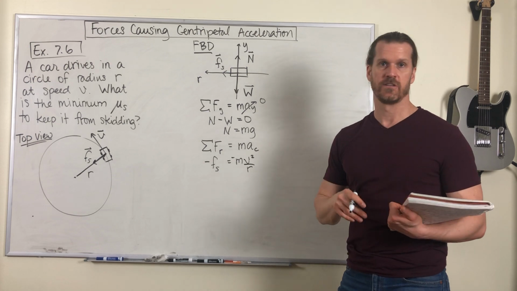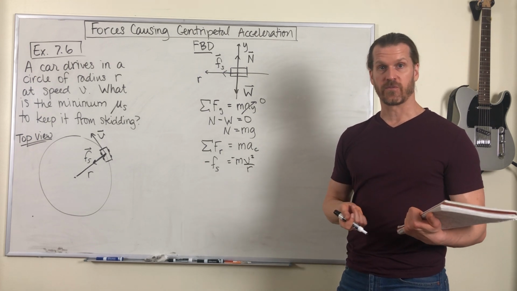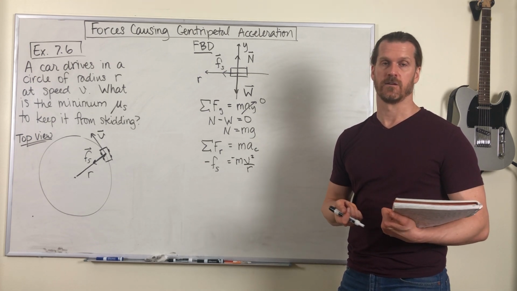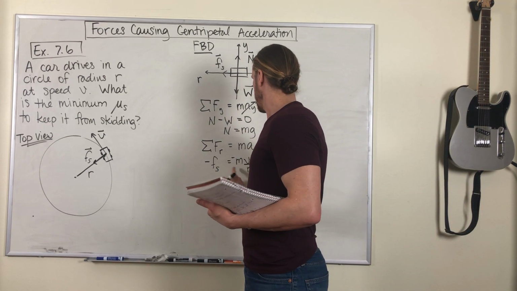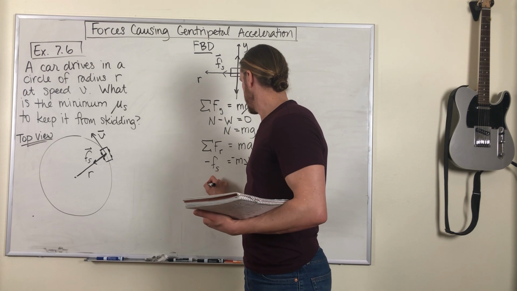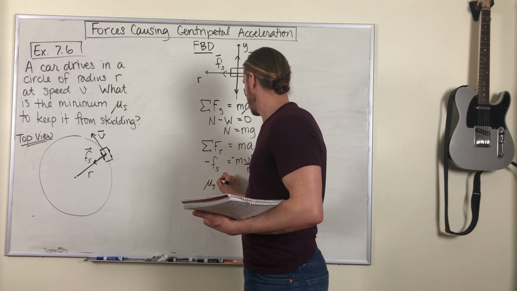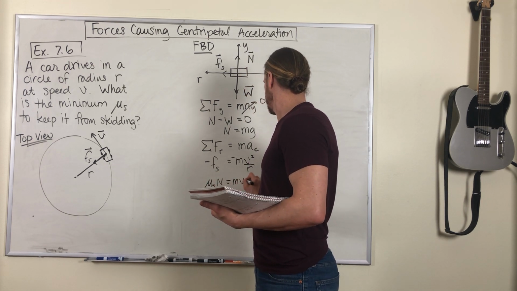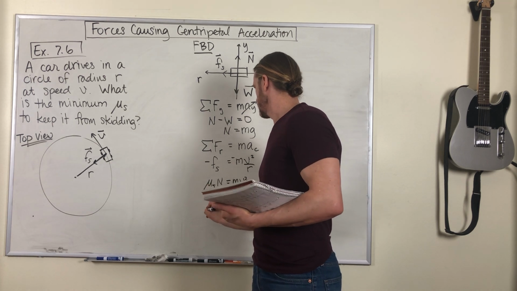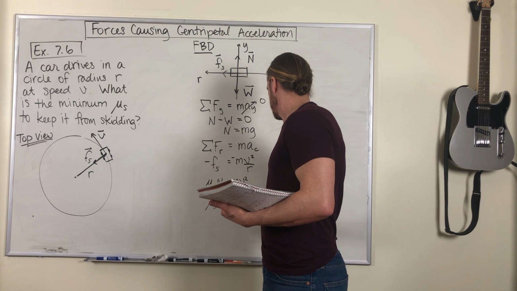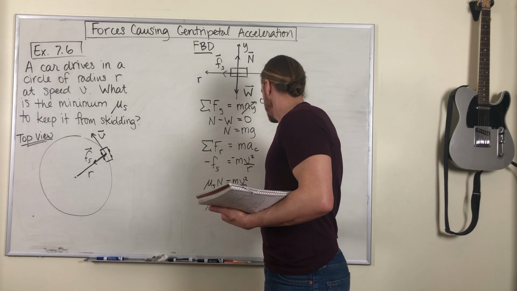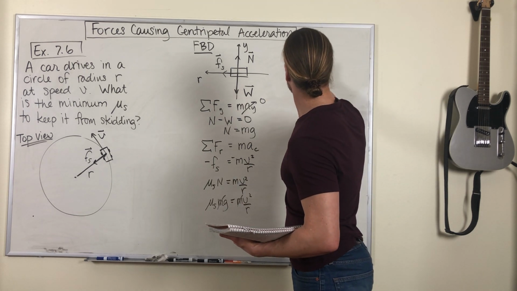Centripetal acceleration equals v squared over r. We learned that a few lessons ago. So both these minus signs cancel, and the friction force is mu times N, or mu mg. Those m's cancel, and we get this relationship.